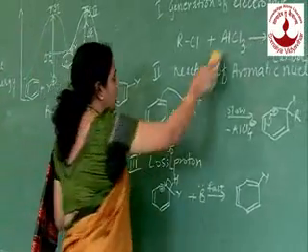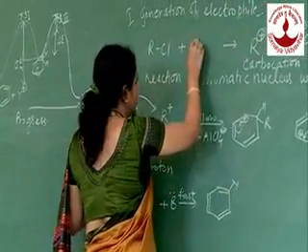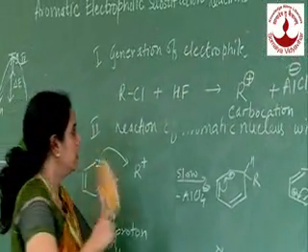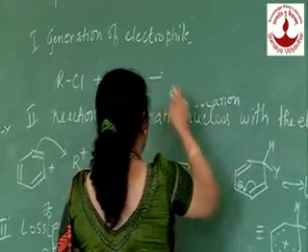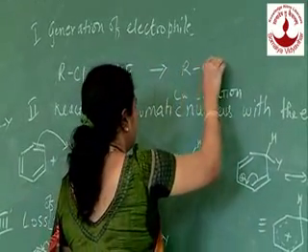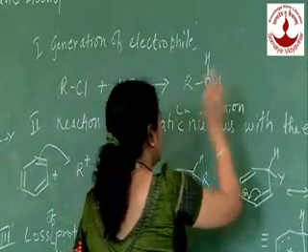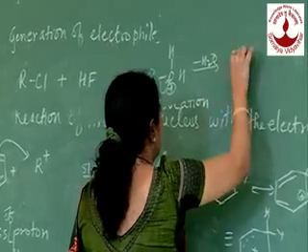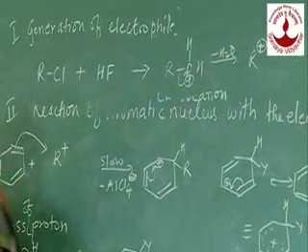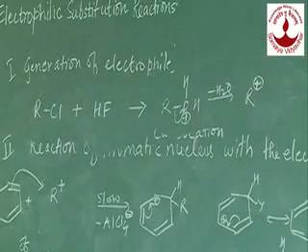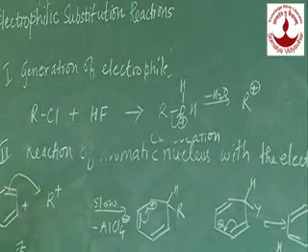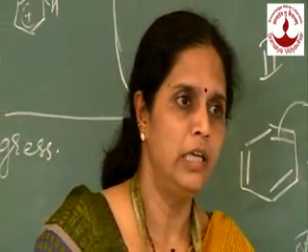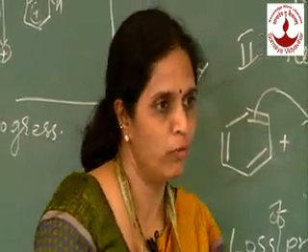Only you will have to use a Bronsted acid like HF, and it will lead to the formation of a protonated alcohol, which will eventually lose a water molecule and lead to the formation of the electrophile, the carbocation. The remaining steps will be the same, that is generation of the arenium carbocation and the loss of proton.